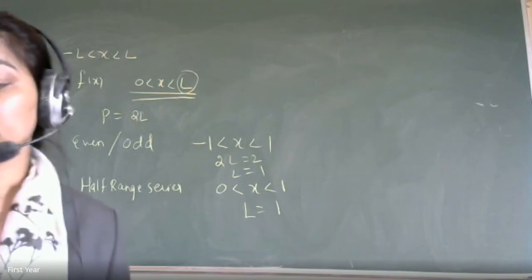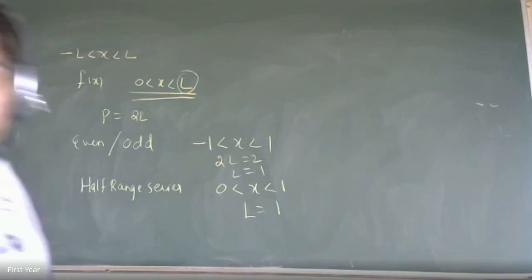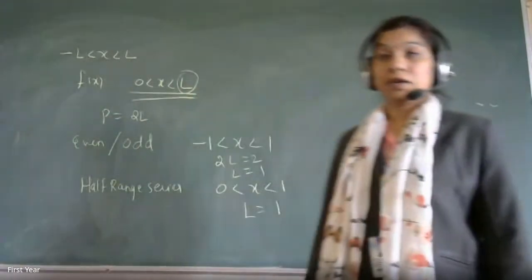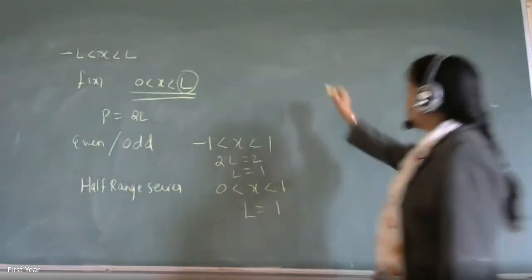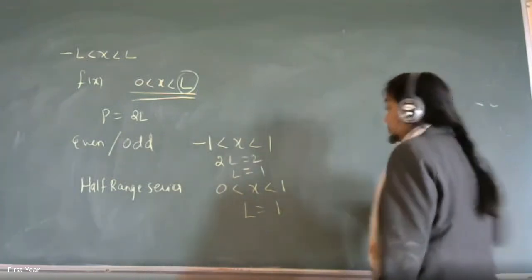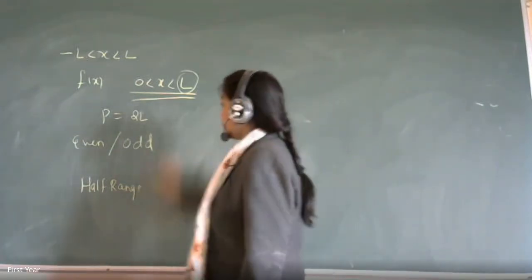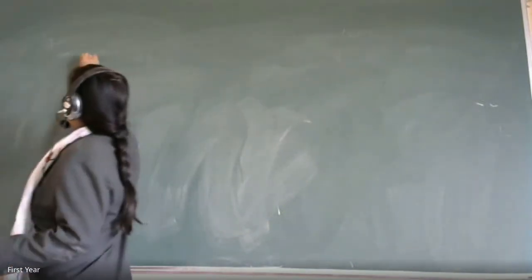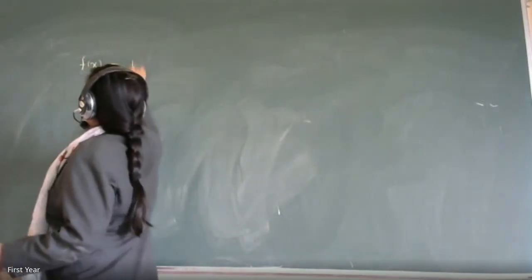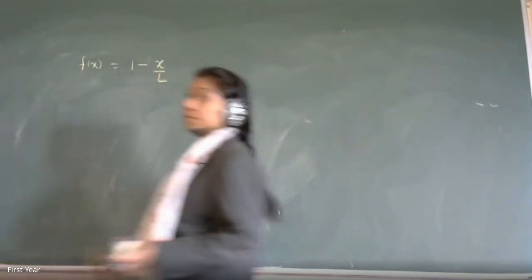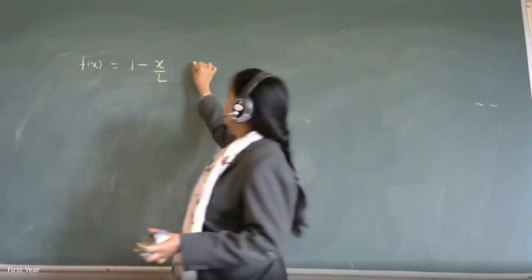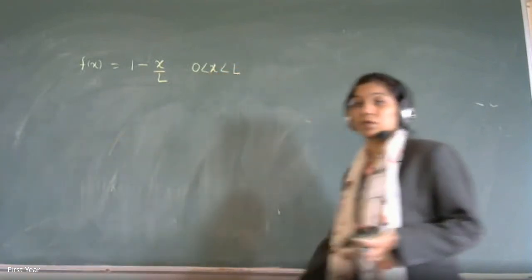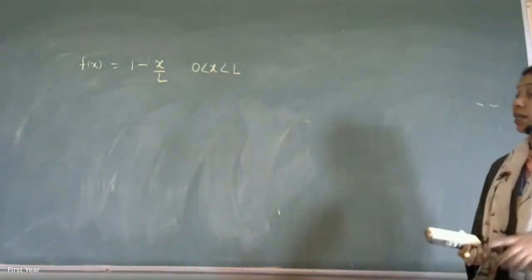Find the half range cosine series for f of x is equal to 1 minus x by L, in the range 0 less than x less than L.